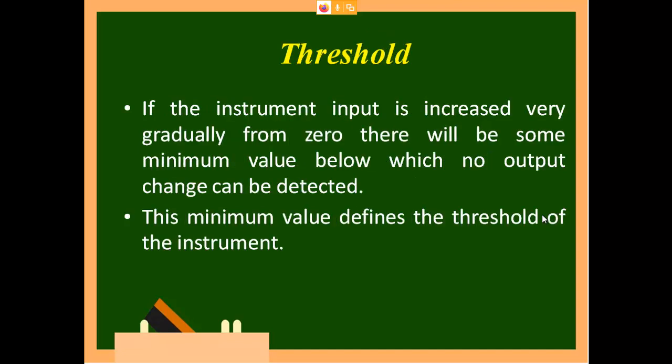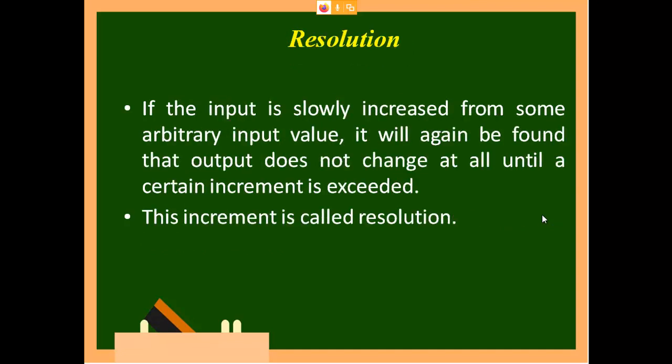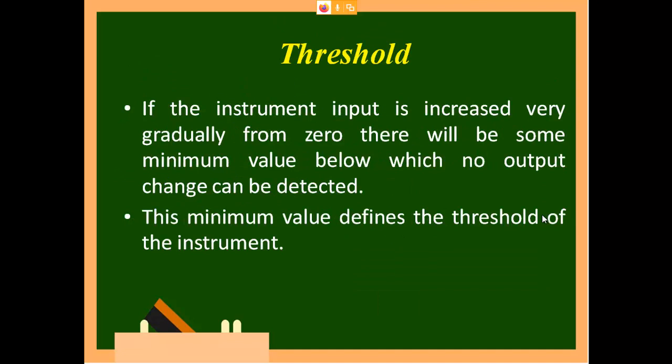Then threshold. There is a difference between repeatability, resolution and threshold. Threshold is, see, if I say listen to the class, then that might not have entered into your brain, because our human brain has the capability of not doing a single work. It can do 3 or 4 works at a time.